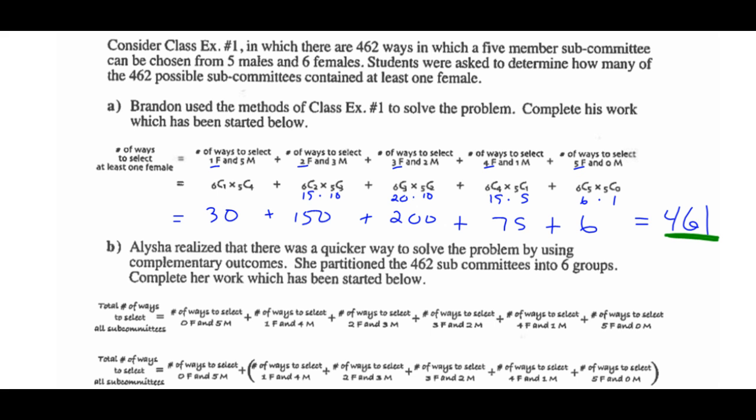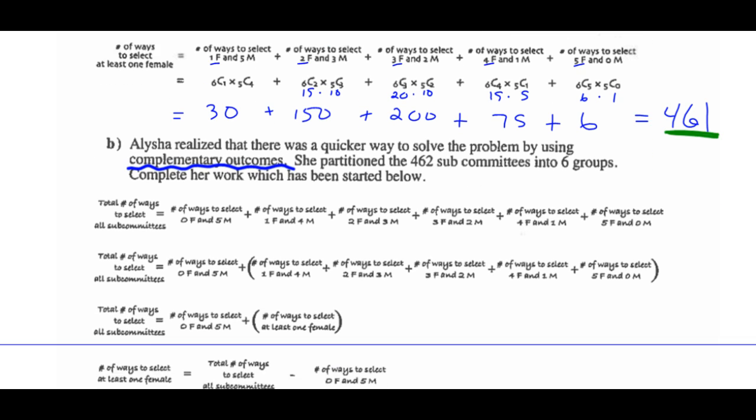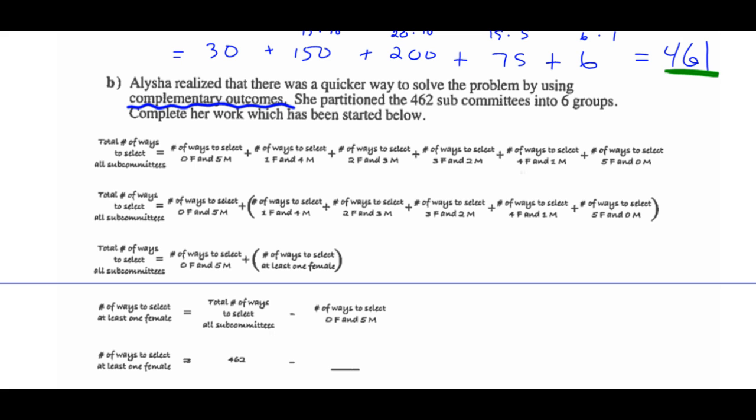Alicia in part B realized that there was a quicker way to solve the problem by using complementary outcomes. She partitioned the 462 subcommittees into 6 groups. Complete her work below. So, total number of committees to be selected, the total would be, if you could have 0 females and 5 males, or 1 female, 4 males, or 2 females, 3 males.